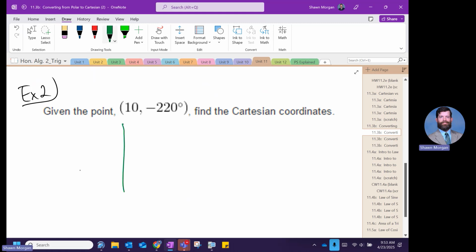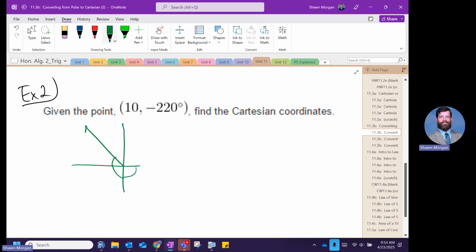Very nice. Quadrant 2, right? Because we're going to swing around here past negative 90, past negative 180. How far past negative 180? 40 degrees. Okay, so that smells like a calculator question because 40 is not a special triangle. We don't have a 40, 50, 90 degree triangle.